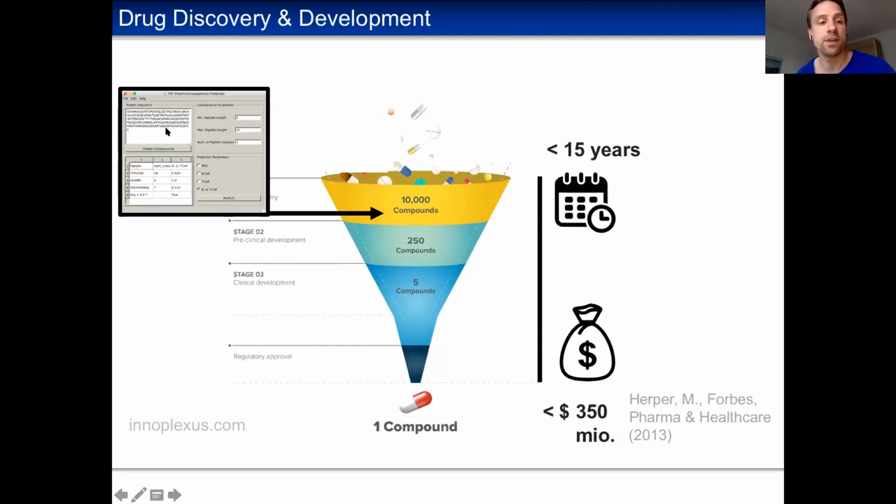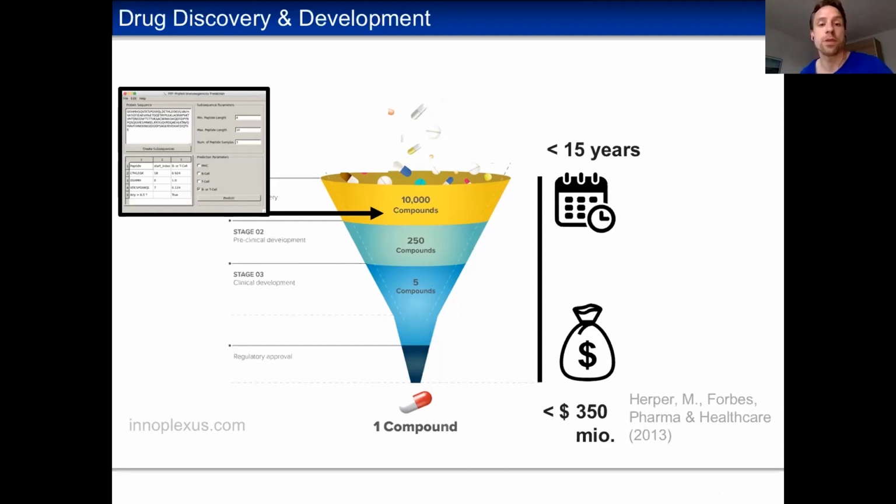And one of these tests that I've been working on is called the immune reactivity of these compounds. This could be a regular drug, or it could be even a vaccine, because vaccines are nothing else than proteins that are being used as a sort of drug before the patient is sick.